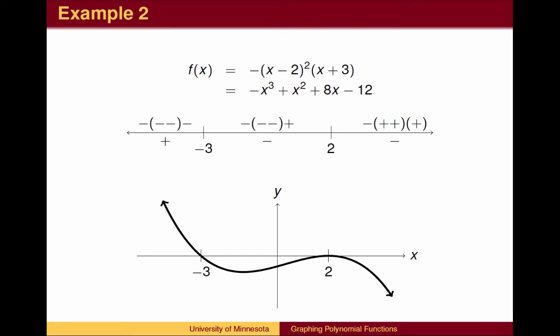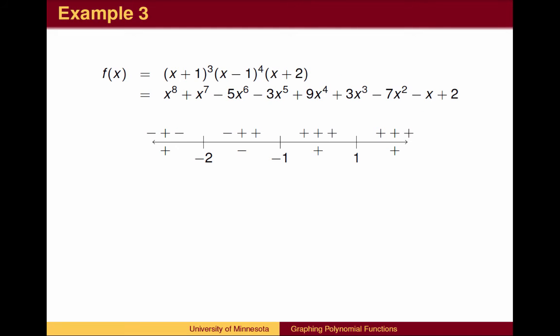We can now draw the graph starting above the x-axis, crossing below at x equals negative 3, through the y-intercept of negative 12, then to the x-intercept at 2. This time, because of the double factor, we do not cross through. In essence, the double factor causes a double switch from negative to positive, then back again immediately to negative, so we finish going down.